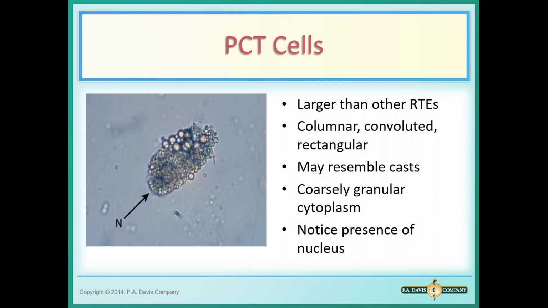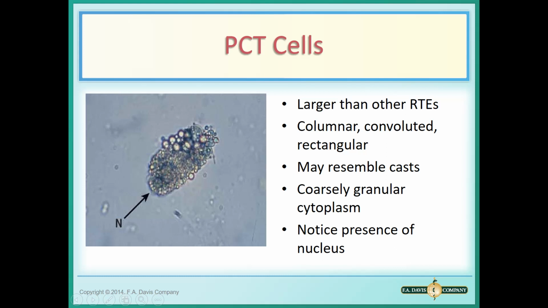These are the ones from the proximal convoluted tubule, the PCT. These are the columnar, sorry. You can see it has almost a large rectangular shape. It's columnar, long and thinner, and then it usually has a little bit of a rounded edge.